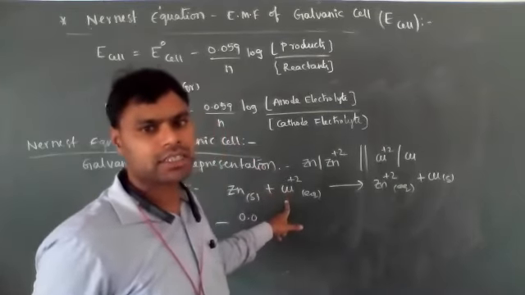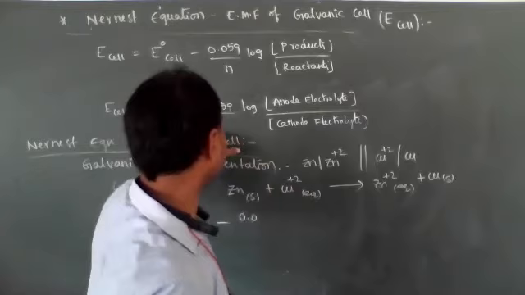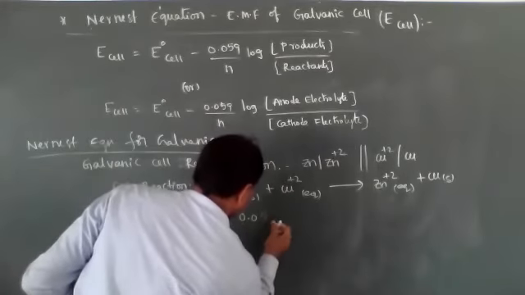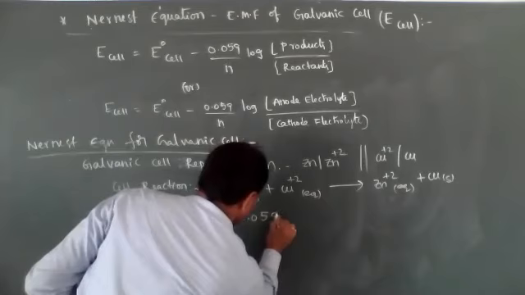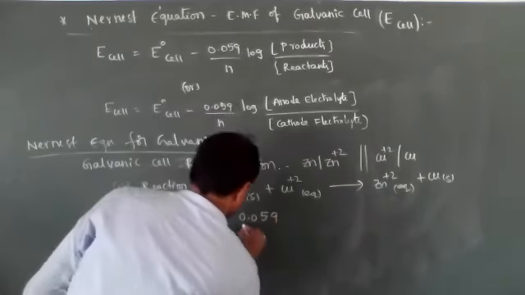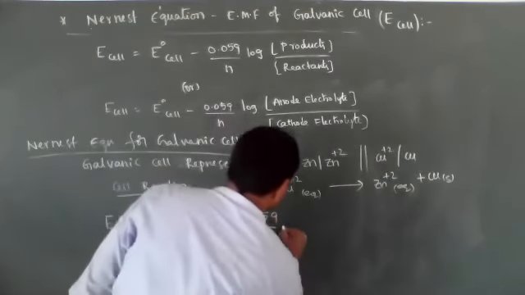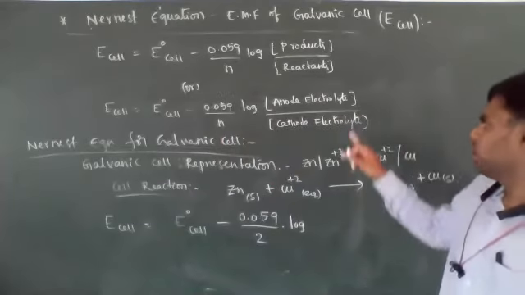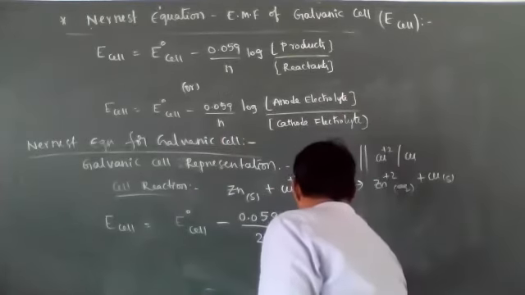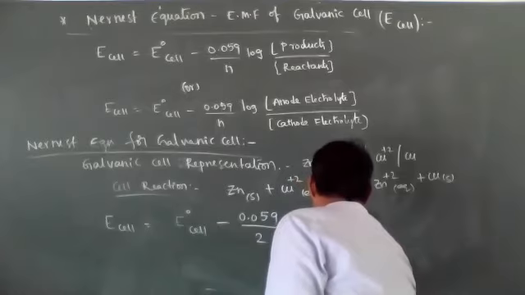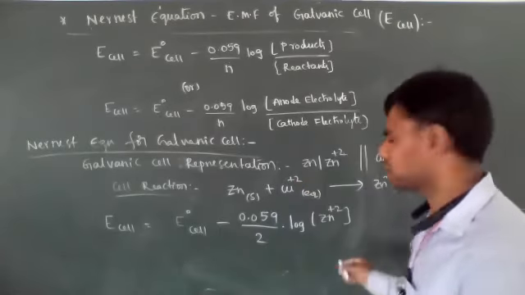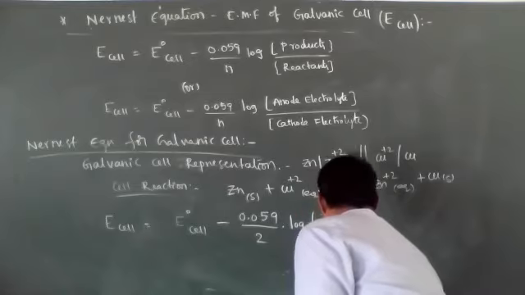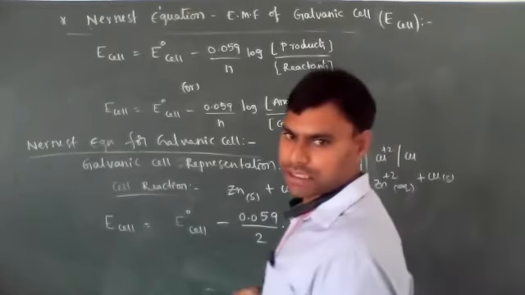Either in oxidation or reduction, 2 electrons are involved, so n is equal to 2. E cell is equal to E0 cell minus 0.059 by 2 into log of product, Zn2+ concentration, by reactant, or cathode, Cu2+ concentration.